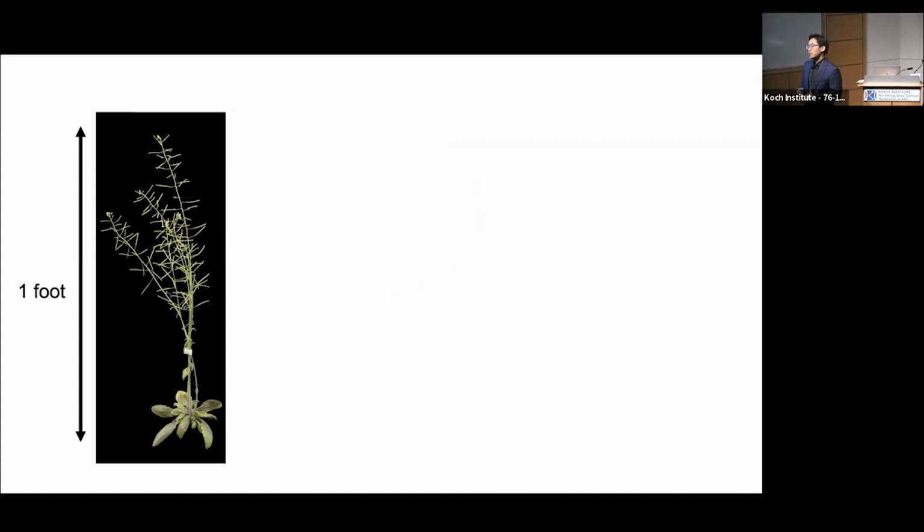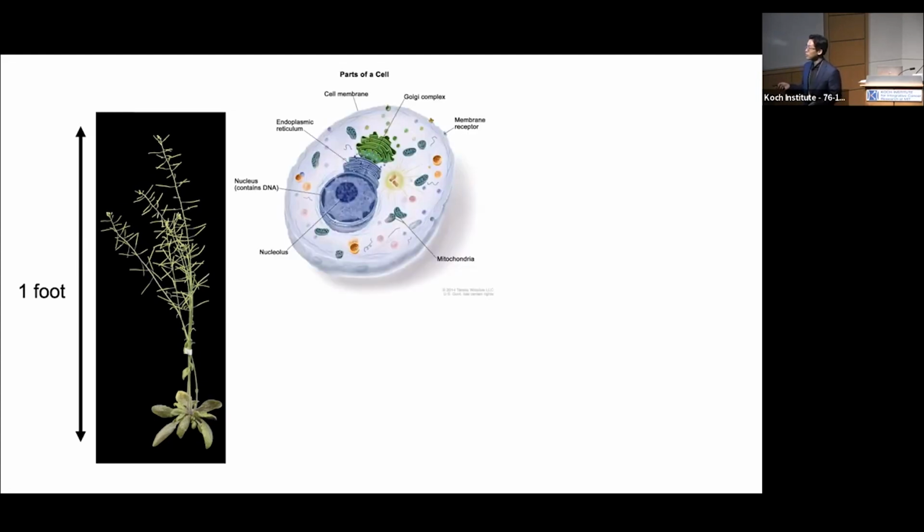There are many different subfields of plant biology, and I specifically study plant cells in Arabidopsis thaliana. So let's look into a cell. The previous speaker already talked about cells. This is a cell. I mean, it's a generalized diagram, it can be from an animal or a plant. And you already see there are many different subjects you can study even in a single cell.